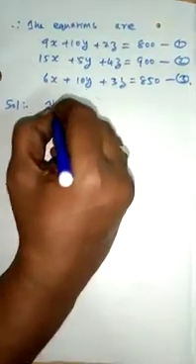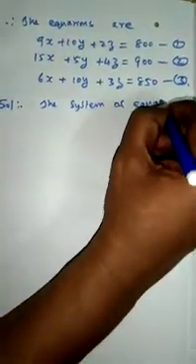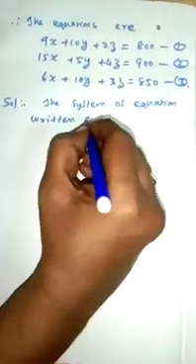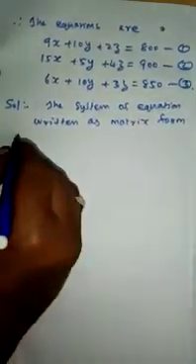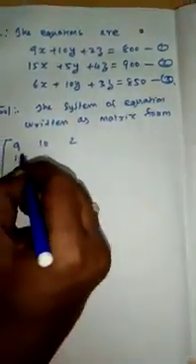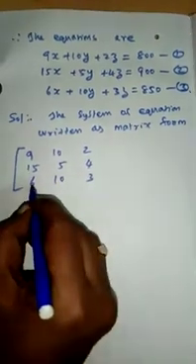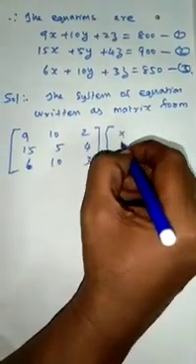The system of equations written in matrix form, that is 9, 10, 2; 15, 5, 4; and 6, 10, 3 is the coefficient matrix, and the variable matrix is x, y, z.